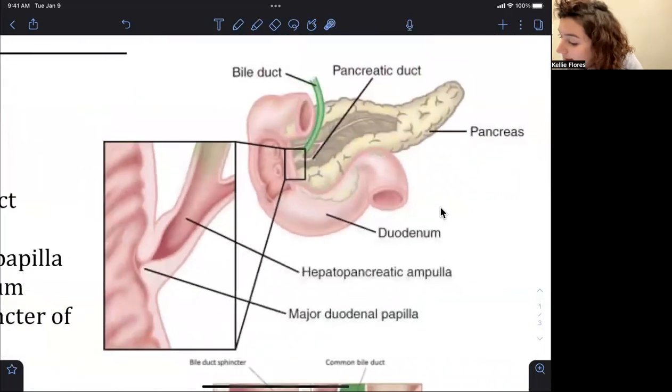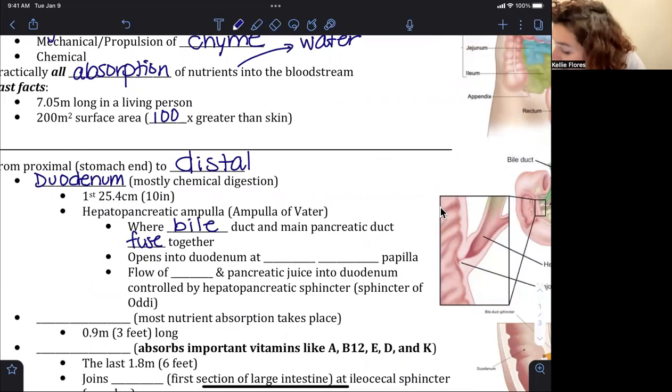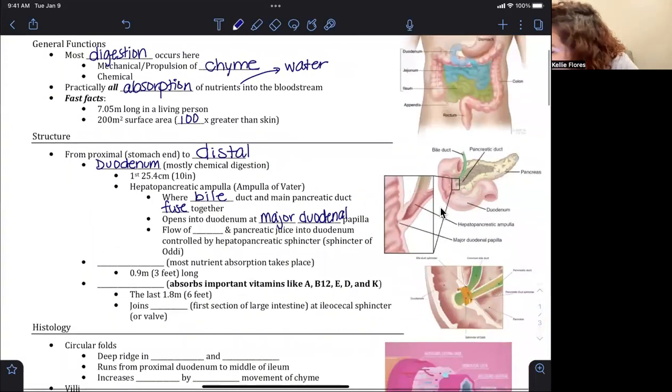If you zoom in further, this intersect is where the bile duct and the main pancreatic duct fuse together. It opens into the duodenum at the major duodenal papilla. So you can see it here.